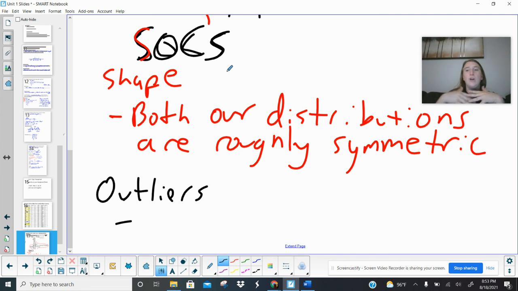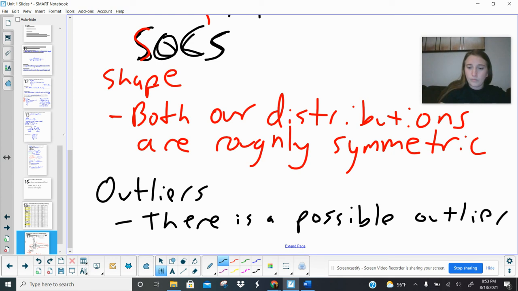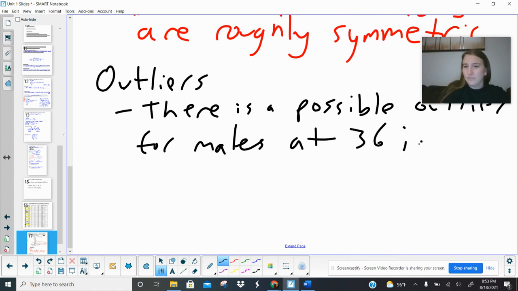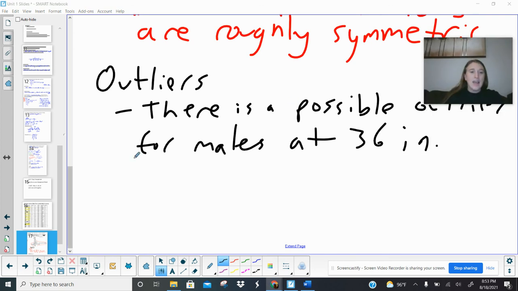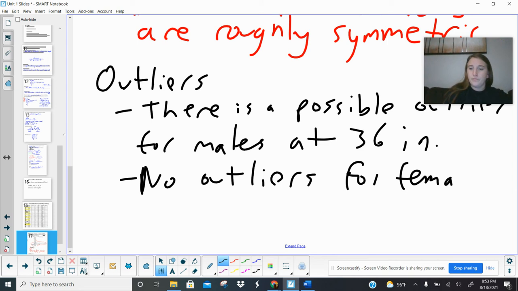So for right now, if we're not doing any math to determine that, we're just going to say there is a possible outlier for males at 36 inches. Probably we don't have somebody who's 3 feet tall. We'd probably know that. And no outliers for females. You want to mention both.